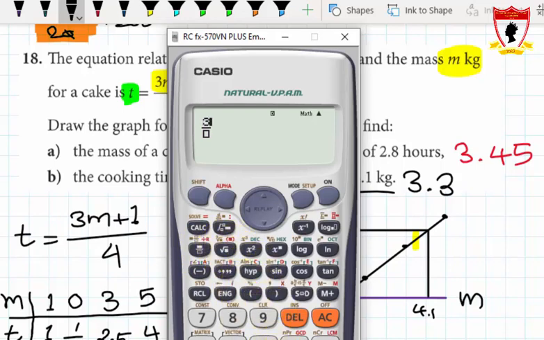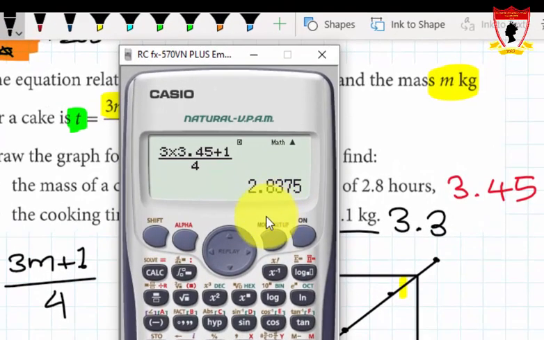Let's see. 3 times 3.45, then plus 1, all over 4. It's equal to 2.83, so it's nearly 2.8. So it means we got part A correct.